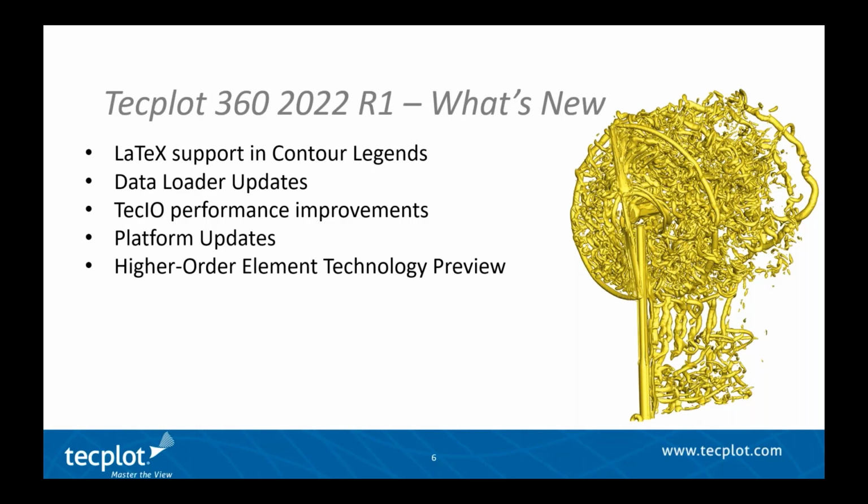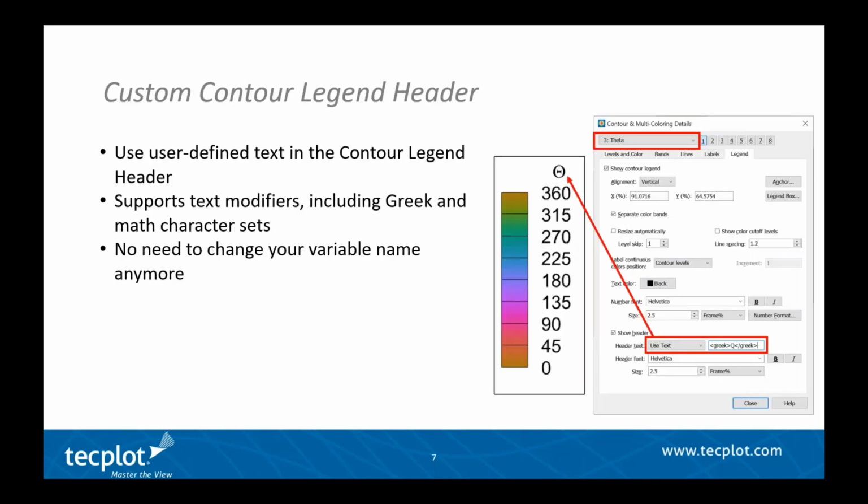We're going to talk about platform updates. So if any of you on the line are in the IT group or have an interface with your IT group, you may want to pay attention to that bit and let them know about the new platform requirements. And then finally, we're going to introduce the higher order element technology preview, which again is a separate download on our website.